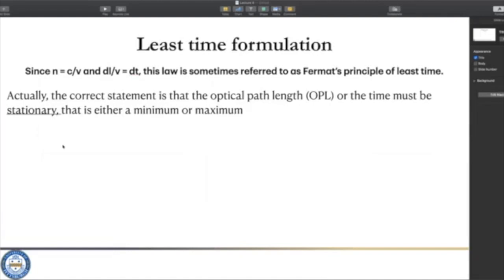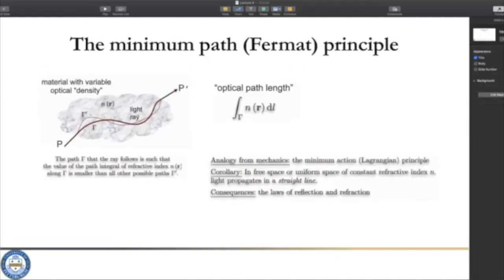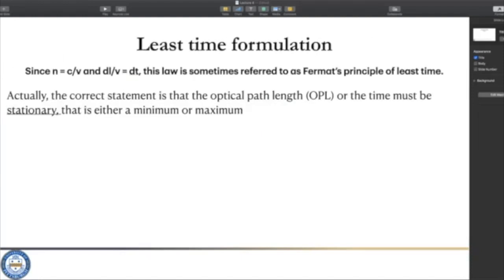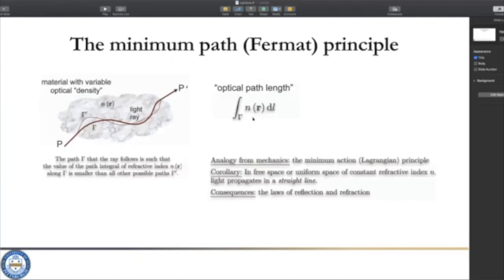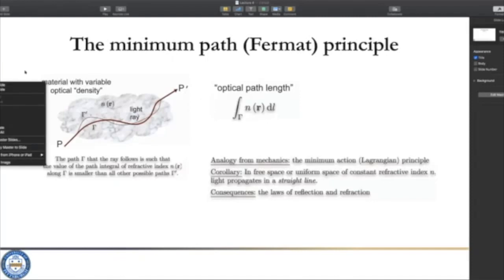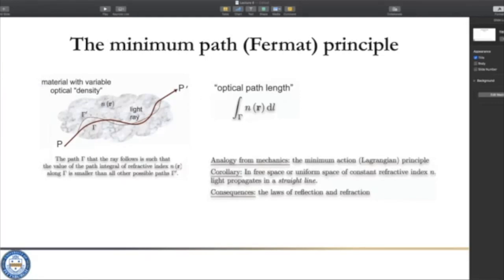The one thing I should mention is that many times you'll hear it referred to not just as the minimum path or optical path length that is minimized. You'll also hear about it as the least time formulation, meaning the principle of least time. And the reason for that is straightforward. n is equal to c over v, as we have learned from wave motion. The refractive index is defined by the velocity in vacuum divided by the velocity in the medium.